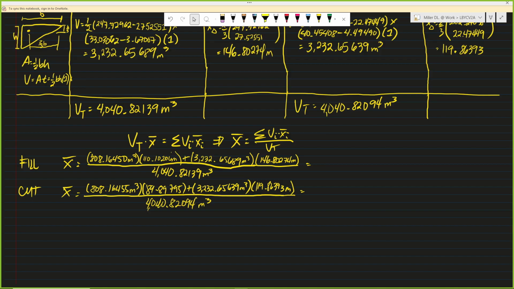Ito na ba? 139.46260 meters, and the other is 113.87073 meters.